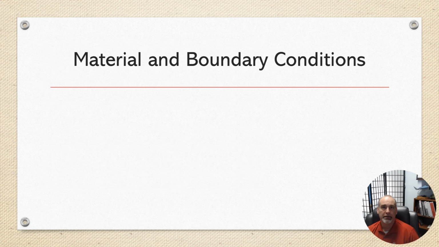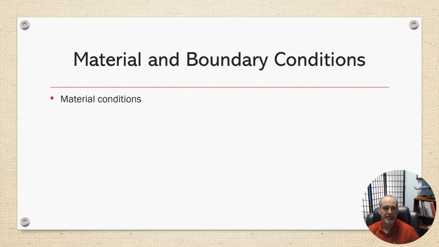Okay. Now we have this concept of material boundary conditions. And this is a relatively new thing to use the word boundary. It was in 2009 that boundary conditions were discussed. Before 2009, it was always called material conditions.